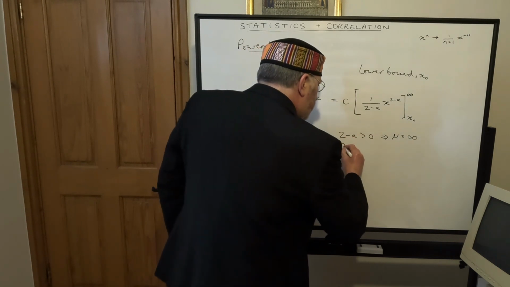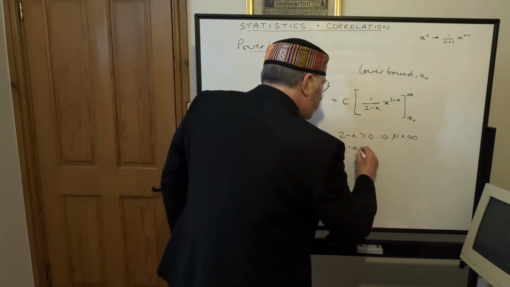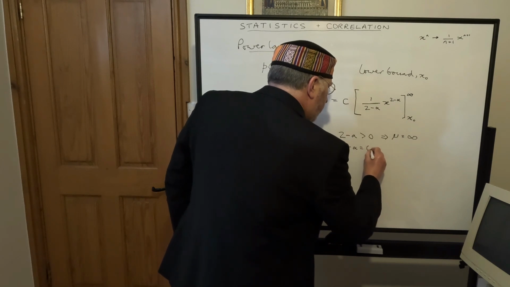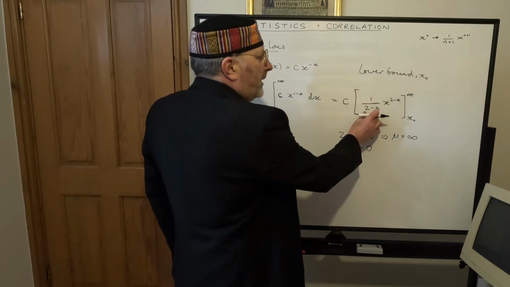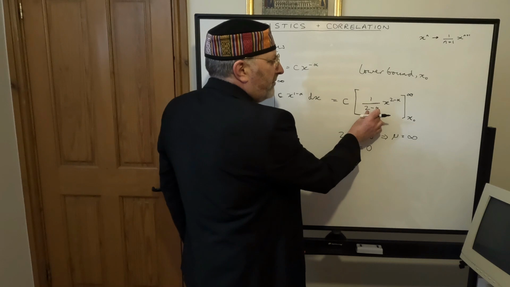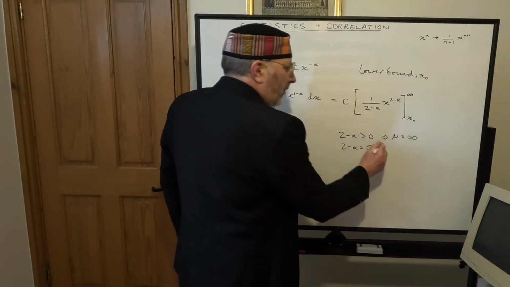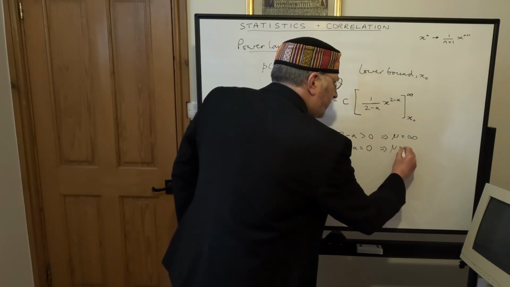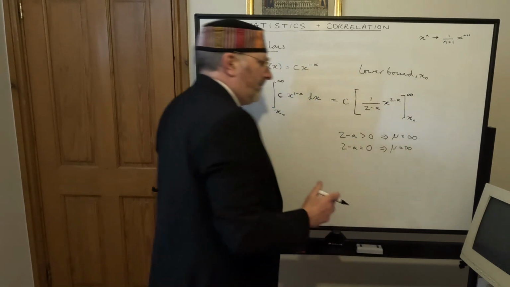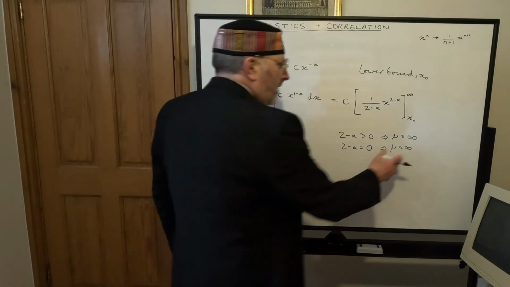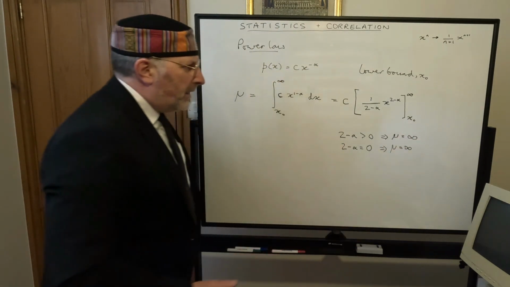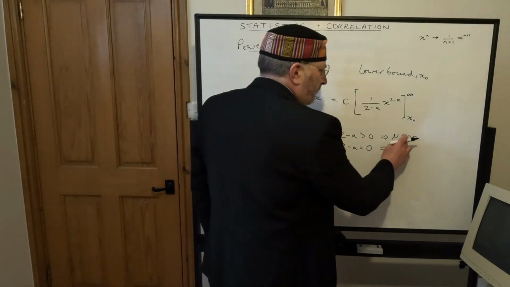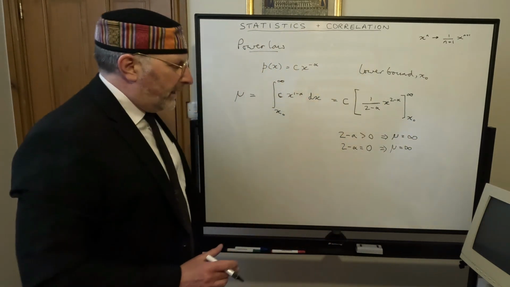And if 2 minus alpha equals 0, then we'd be dividing by 0 here. So again, we'd have mu being infinite. Or strict mathematicians might prefer me to say it's undefined in these cases, but we don't have a mean. We can't really have a mean of infinity.